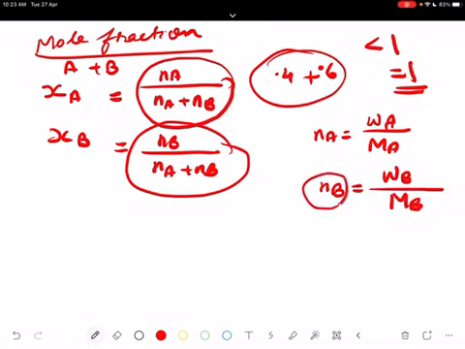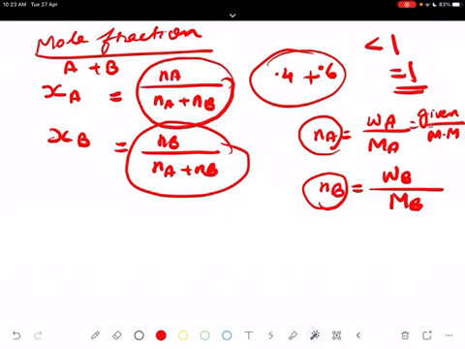So to find out the number of moles, the given mass upon molar mass, that is Na or Nb. So first you have to find out the number of moles of each component.